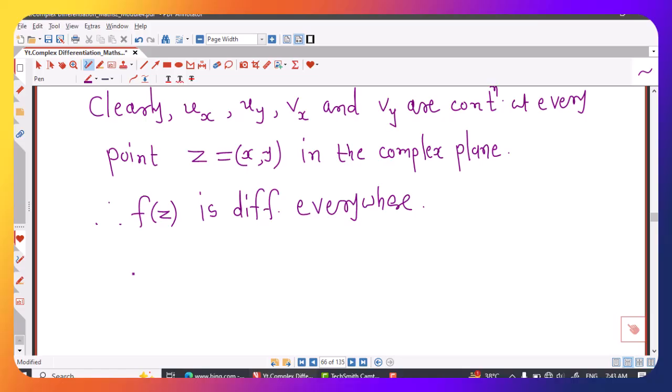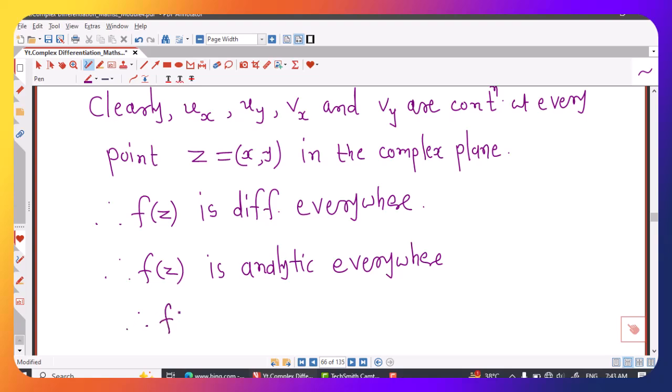And we know that if a function is differentiable everywhere, then it is analytic everywhere. Therefore f of z is analytic everywhere, and the function which is analytic everywhere is an entire function. Therefore f of z is an entire function.